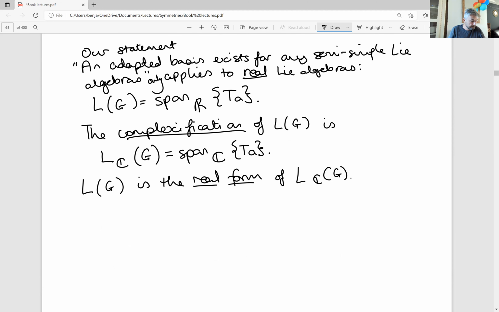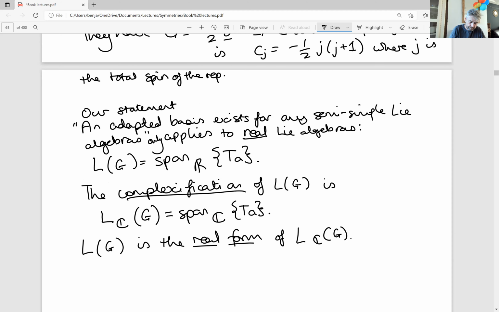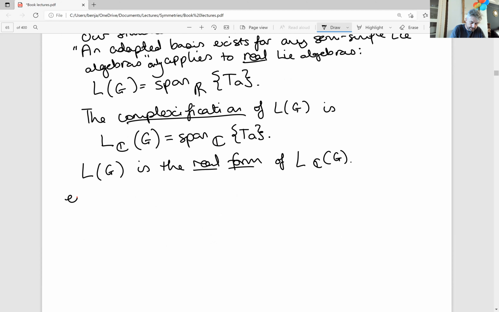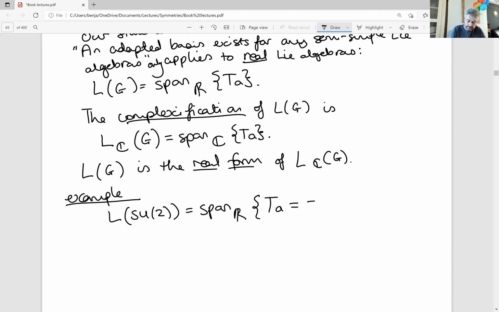So let's give more examples just to bring this out. Our real Lie algebra of SU(2) is the span over the reals of our basis matrices, which originally we had in this basis, which was minus i/2 sigma_A, where A is in 1, 2, and 3.